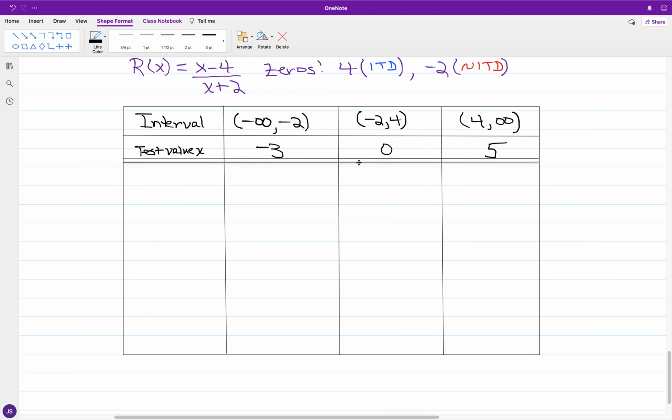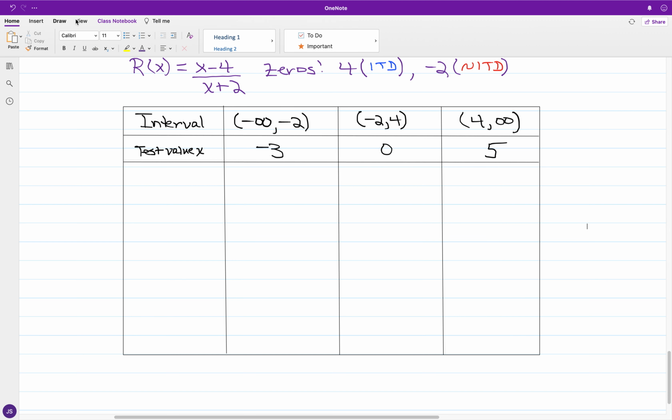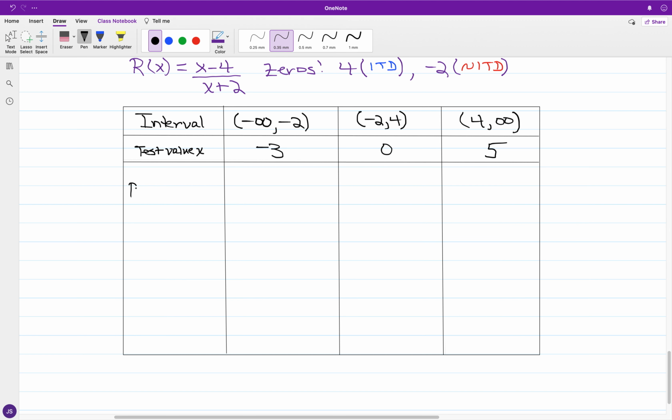Applying each of these test values to the rational function, we have r of negative 3. Negative 3 minus 4 is negative 7, and negative 3 plus 2 is negative 1, so this reduces to positive 7.